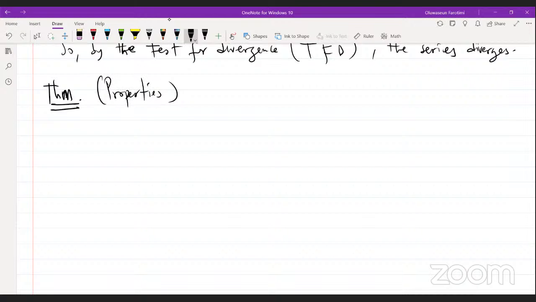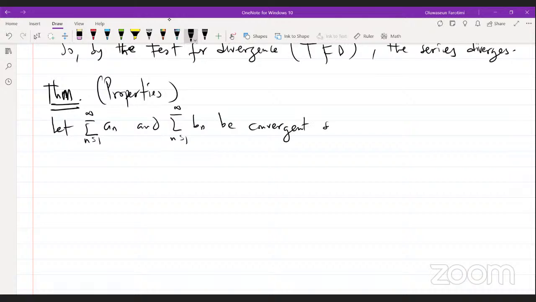Let's say we have two series, and let them be convergent series, and let C be a constant.